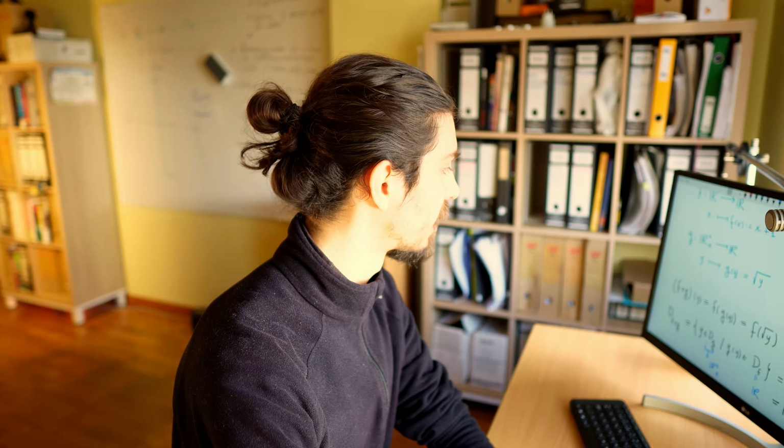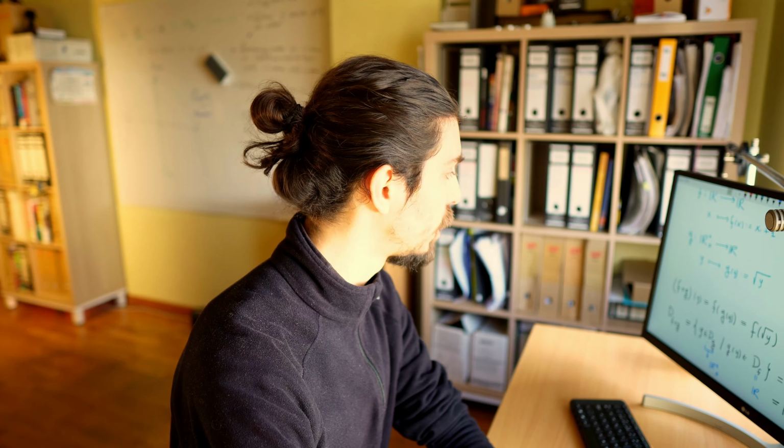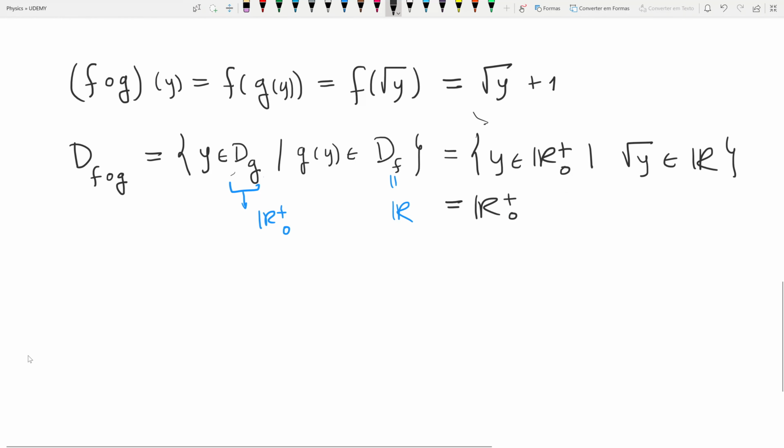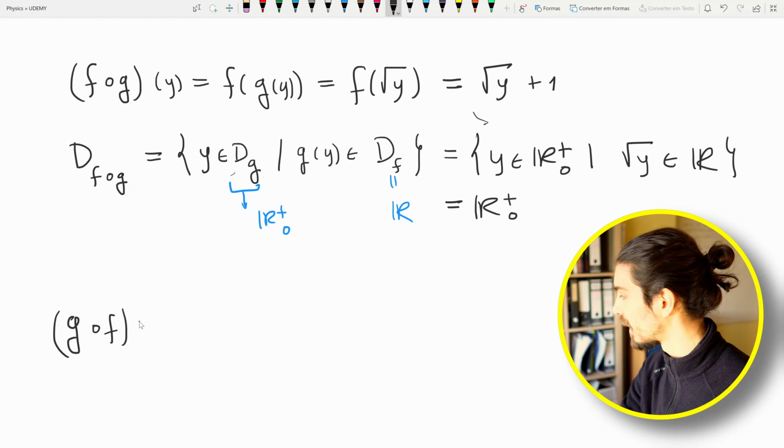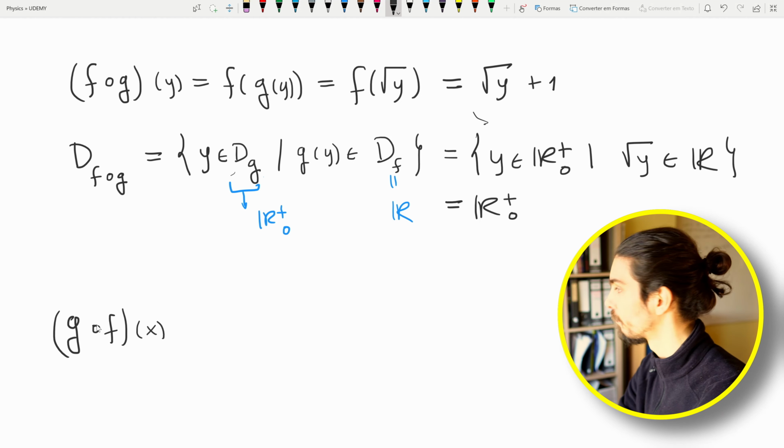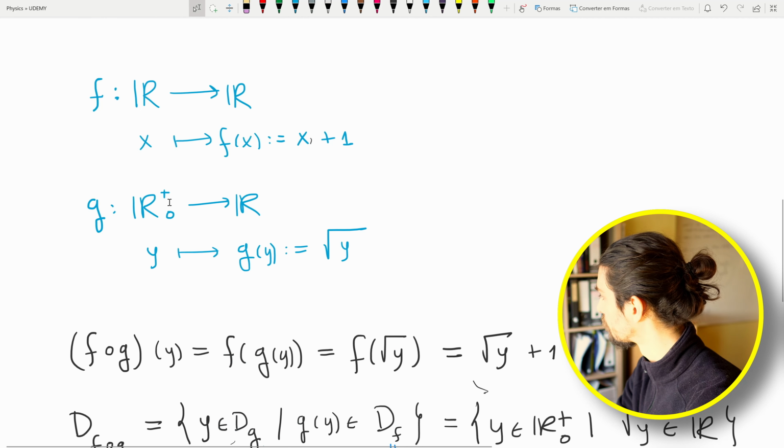Now let's look at the second composition, meaning g of f. What is g of f? G of f, well, first f must act on its input, but we just defined the inputs as being x here. Can you see? Here.